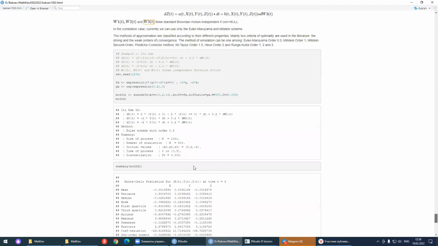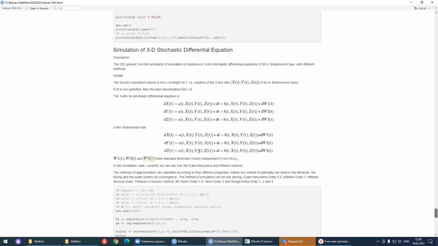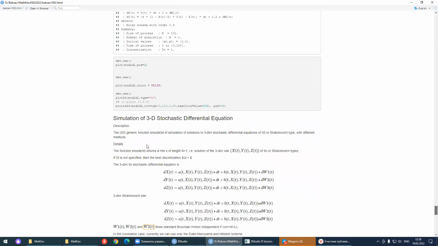And now in my lecture, I showed you some functions for stochastic simulation of diffusion processes. If you allow me, I will show some examples and the packages in R. May I continue?